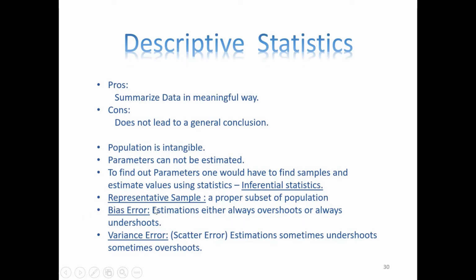Now, when we say representative sample, it means a proper subset of the population, a good subset, a random subset of your population. Basically, what I mean here is, say I have a class of 100 students and I am trying to take out a sample of 30 students. I would have to randomly pick the students from that entire class of 100 students.